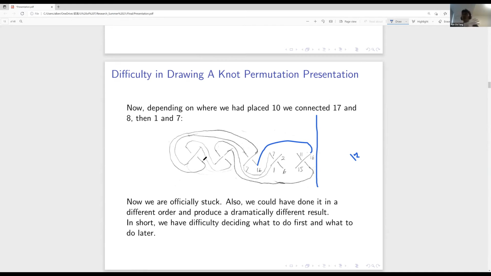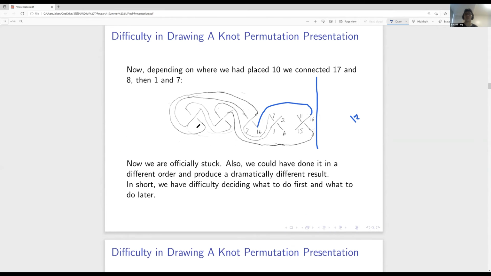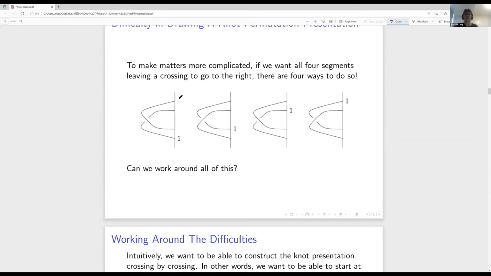So maybe we can get rid of the problem that I mentioned, that I don't want circling crossings. I want to just go left to right and connect everything in a very straightforward manner. And to add to the need for that, I intentionally ignored what the first crossing looks like. But the first crossing, in fact, can go to the right to connect to other crossings in 4 different orders in terms of how the line segments stack on top of each other.